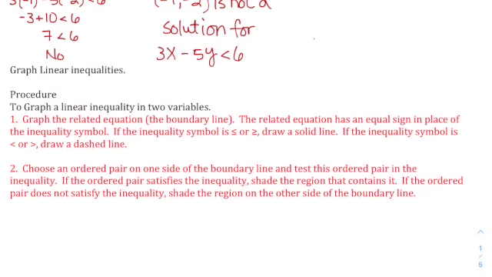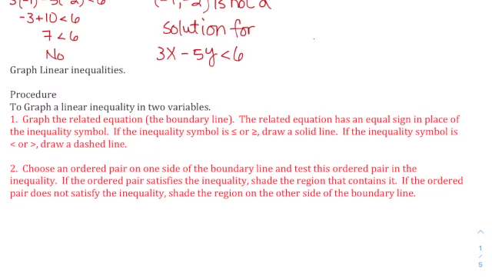If the inequality symbol is less than or equal to or greater than or equal to, draw a solid line. If the inequality symbol is less than or greater than, draw a dotted line. That's the first thing, dotted line or solid line. 2, choose an ordered pair on one side of the boundary line and test this ordered pair in the inequality.